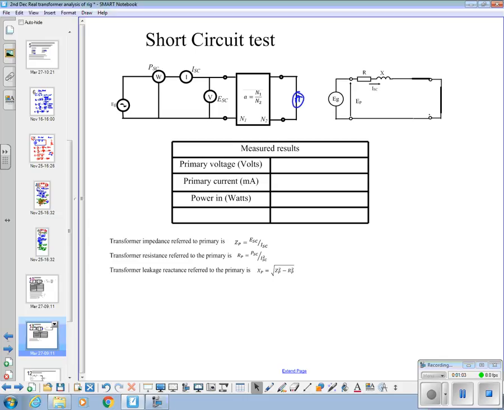The value of load resistor you're going to use is 546 ohms nominally. So eventually the resistor that you're going to analyse connected to the secondary is 546 ohms. Just make a note of that somewhere. We'll pause the video now, go over and get the results, and we'll come back and add them in afterwards.